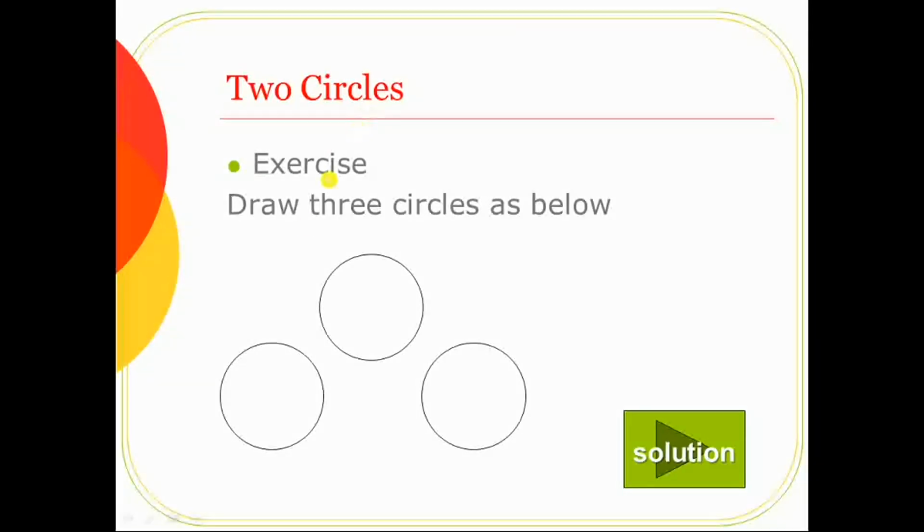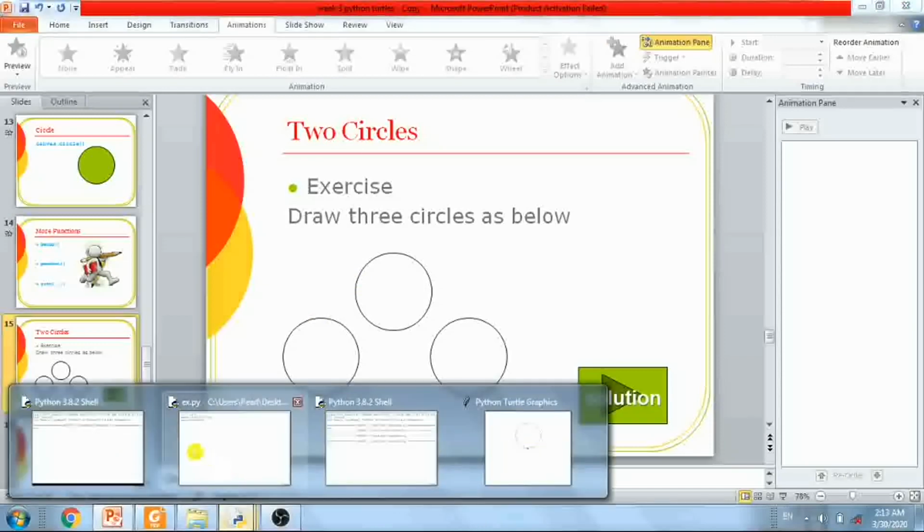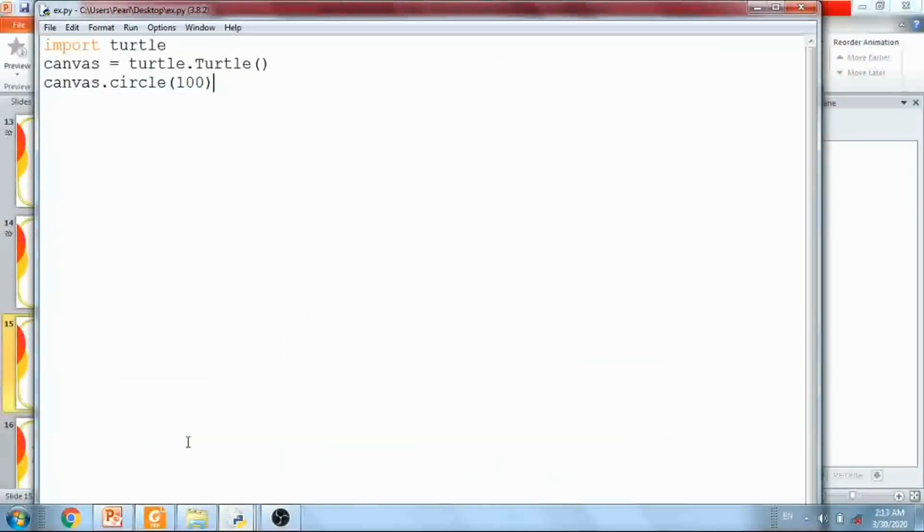Actually, it should be written here, 3 circles. Now, draw 3 circles as below. Let me open this IDLE. Here I have drawn the first circle. Let it have the radius 50 pixels.